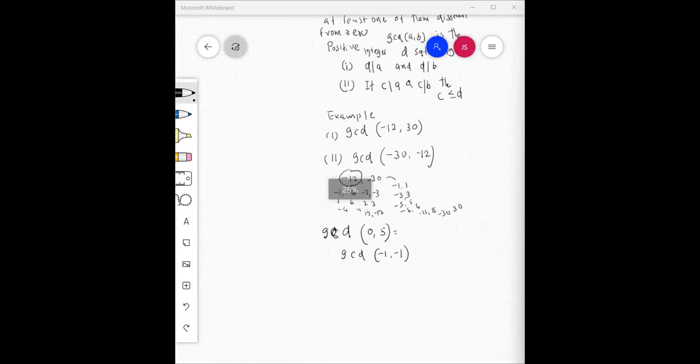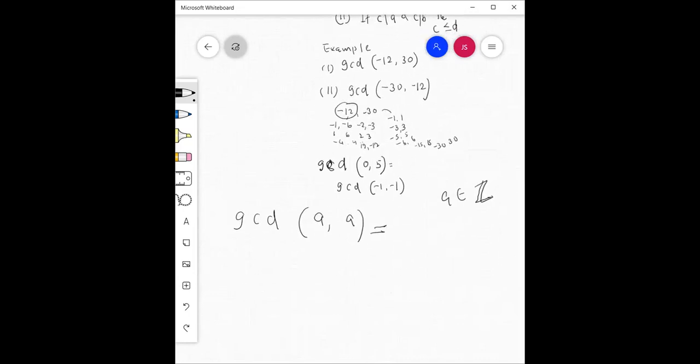Okay, what about this one? I can ask this question: GCD of A and A, where A is an integer. What is the greatest common divisor of these two numbers? Let's see an answer. Okay. Some say A. Is that right? Compare with minus 1, minus 1.